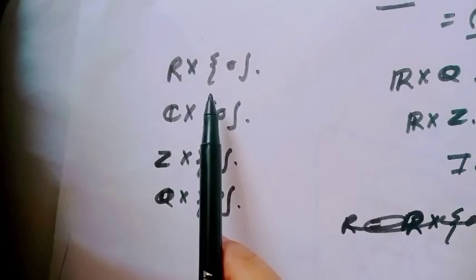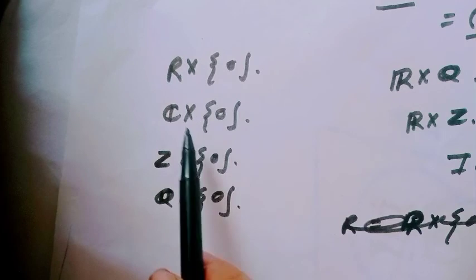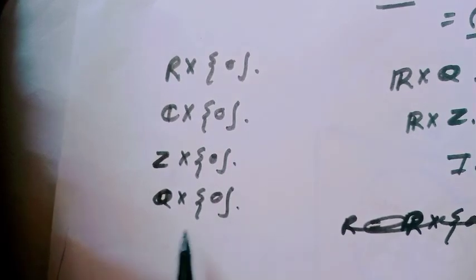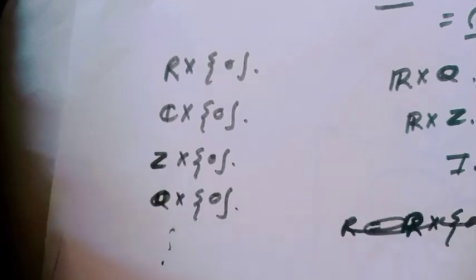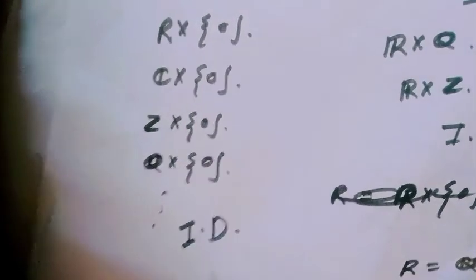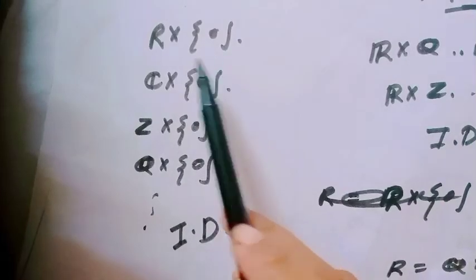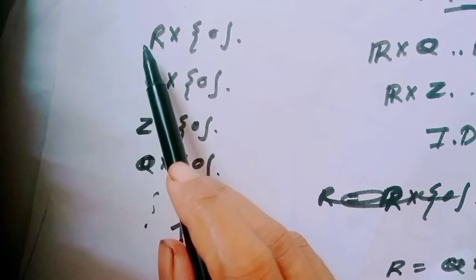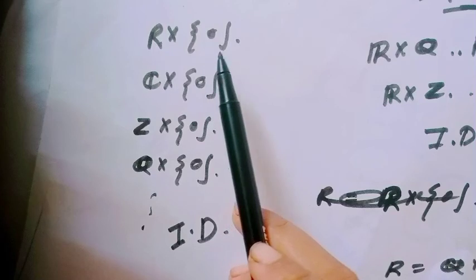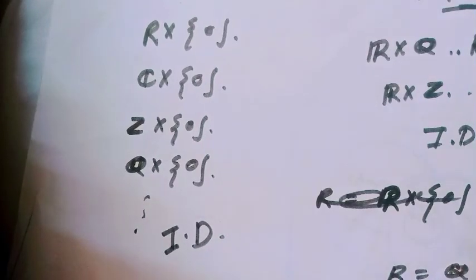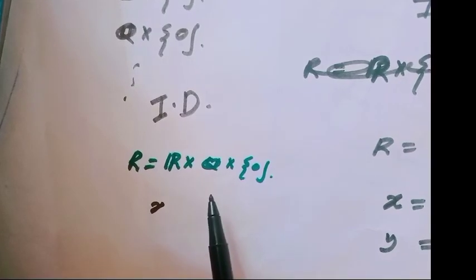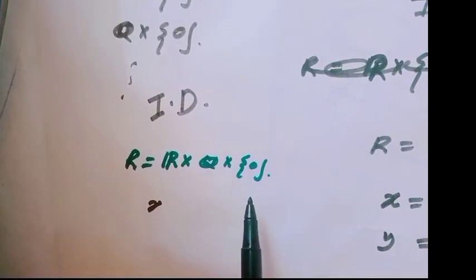Similarly, if we consider R direct product singleton set {0}, C direct product {0}, Z direct product {0}, Q direct product {0}, obviously these would all be integral domains. Therefore, if one of them is an integral domain, then the direct product with the singleton set {0} will always be an integral domain. Now consider the ring R direct product Q direct product {0}.